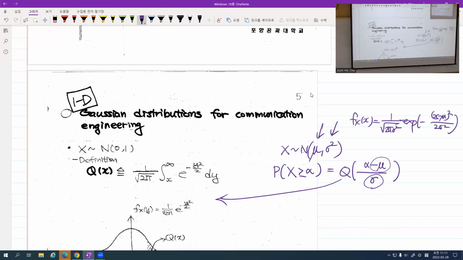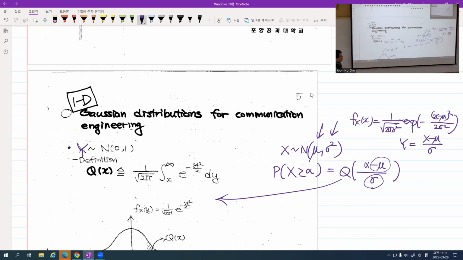You can easily see that the standard normal and the general normal can be easily related like this. Let's say this is y, okay? Then y equals (x minus mu) divided by sigma.